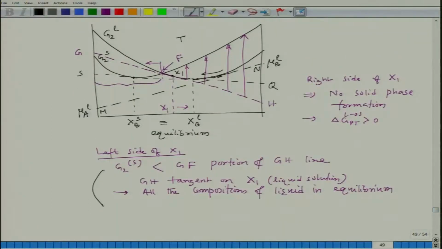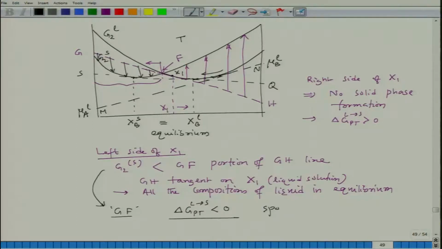Hence, between the G and F line, I could see that there is a situation where this condition is met.